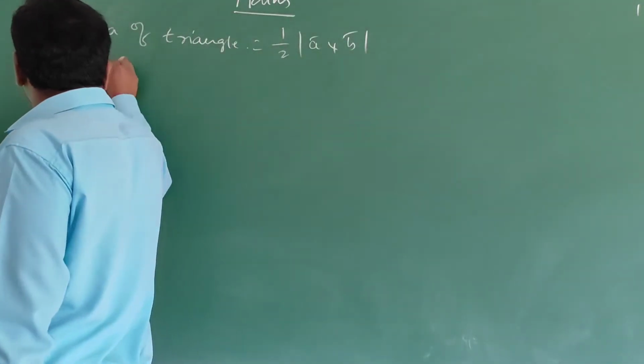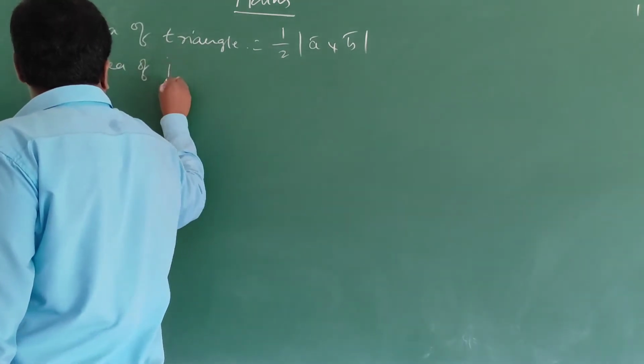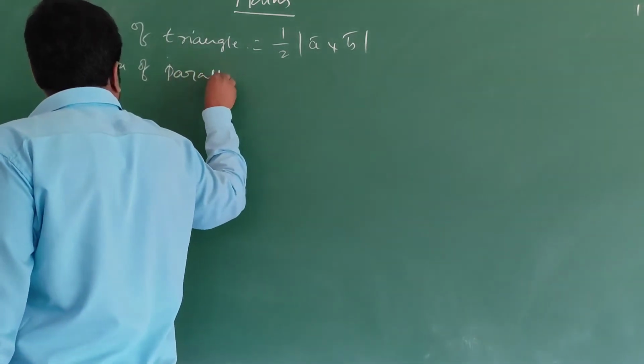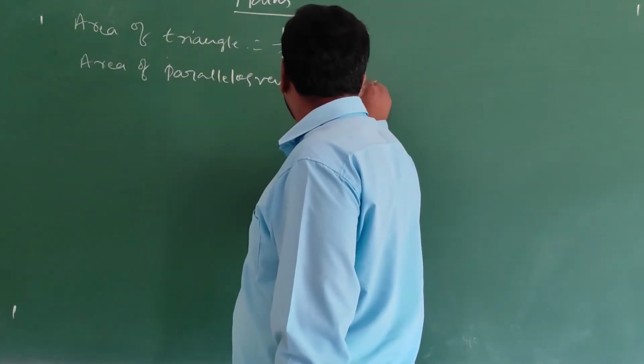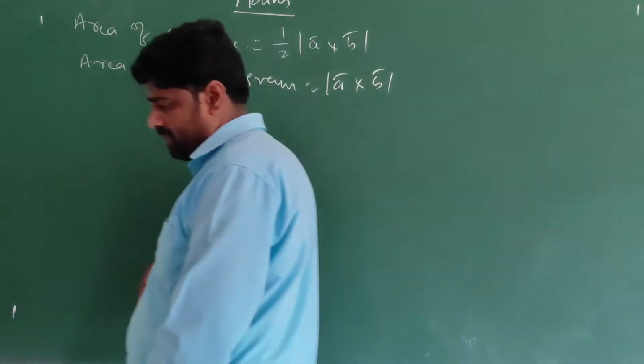The area of a parallelogram is the magnitude of a bar cross b bar.